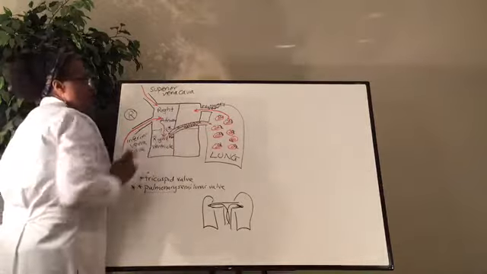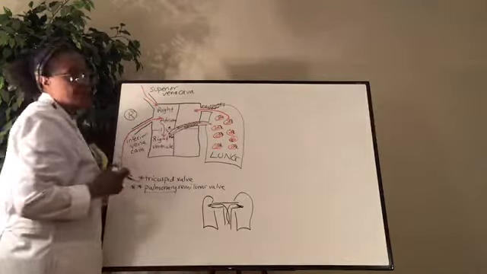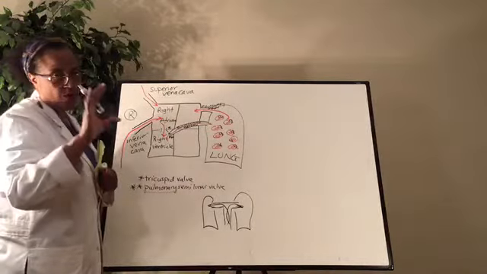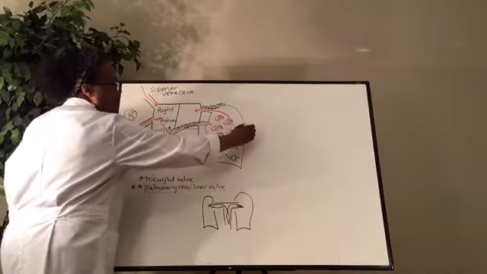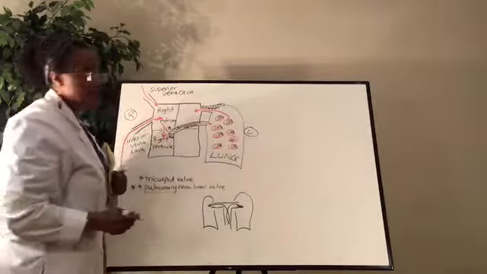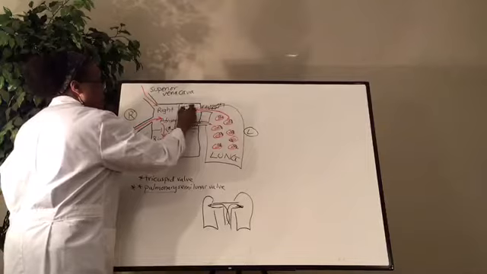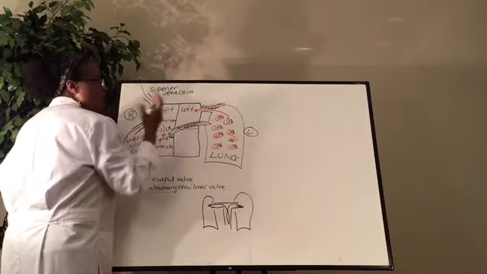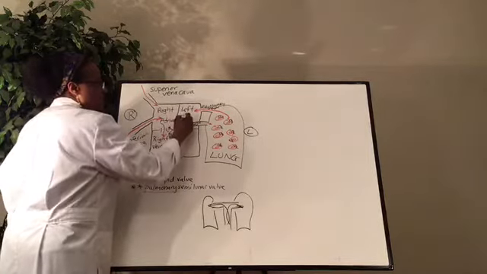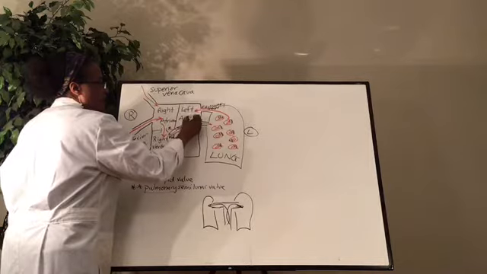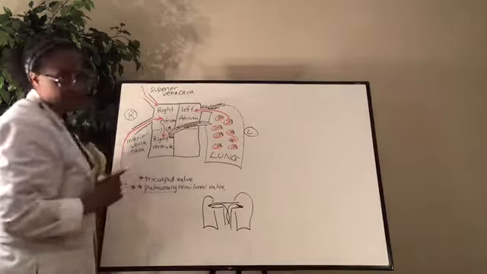If this is the right atrium, what chamber do you think this one is? Correct. You know that we're on the left side of the heart. This is the left atrium. So pulmonary blood, fresh oxygen, comes through and ends up in the left atrium.